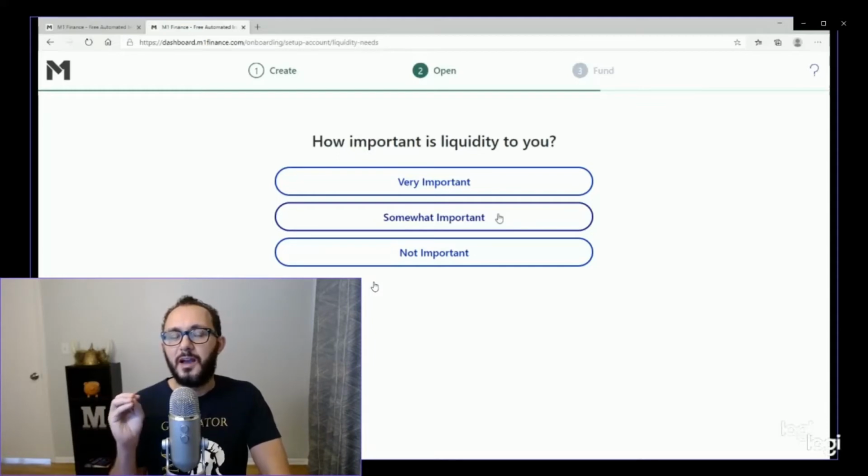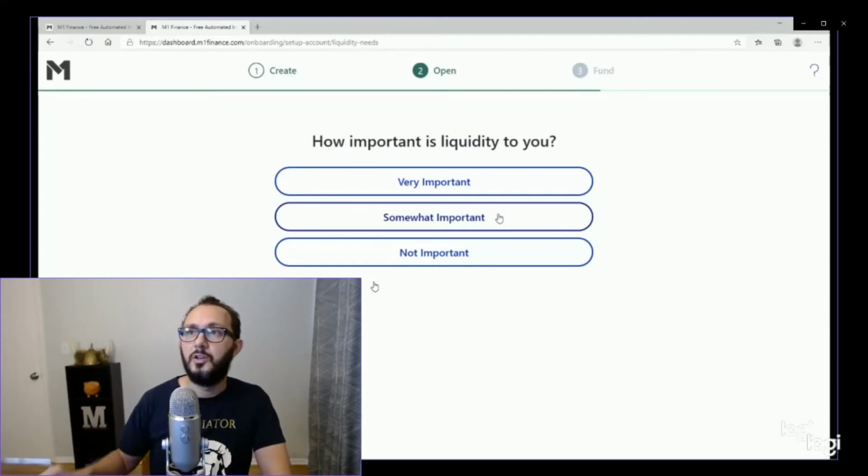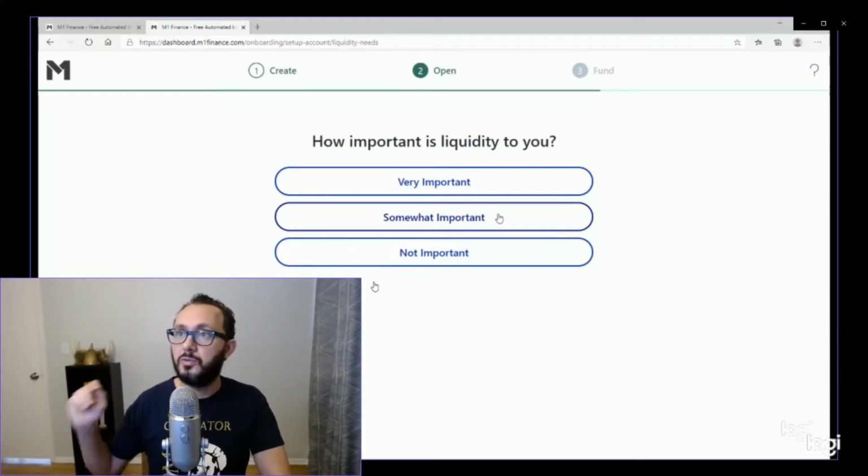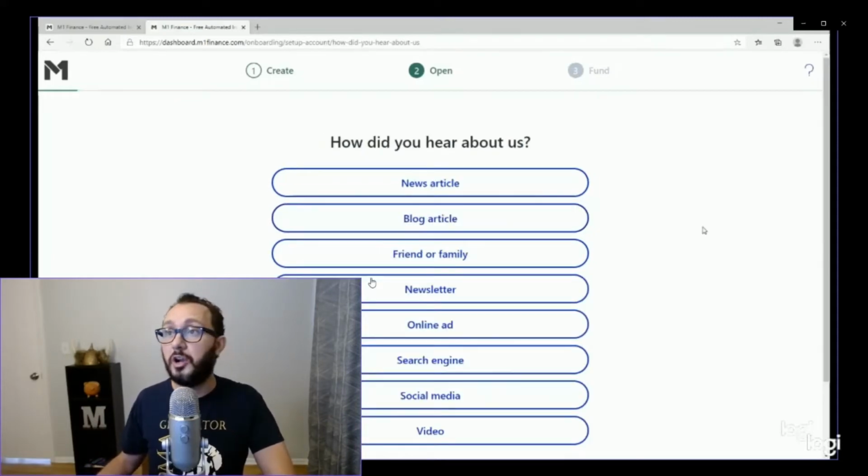Liquidity is cash or stocks, anything that you can spend or use right away. Different from net worth, it will not include anything like a house or a car maybe that takes a long time to convert to cash. And then you have how important is liquidity to you, very important, somewhat important, not important. And then how did you hear about us?